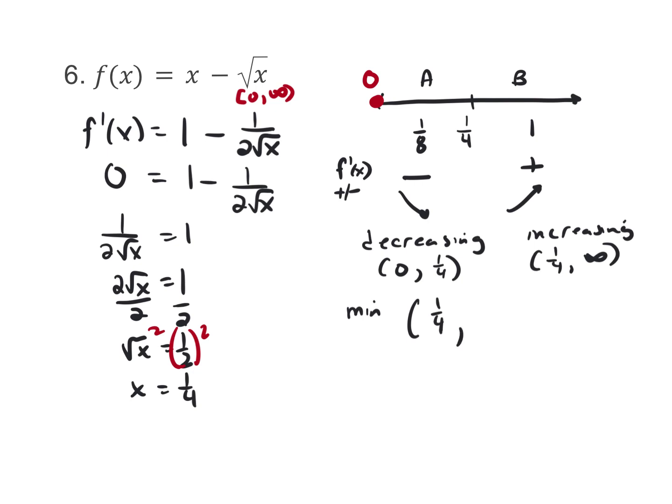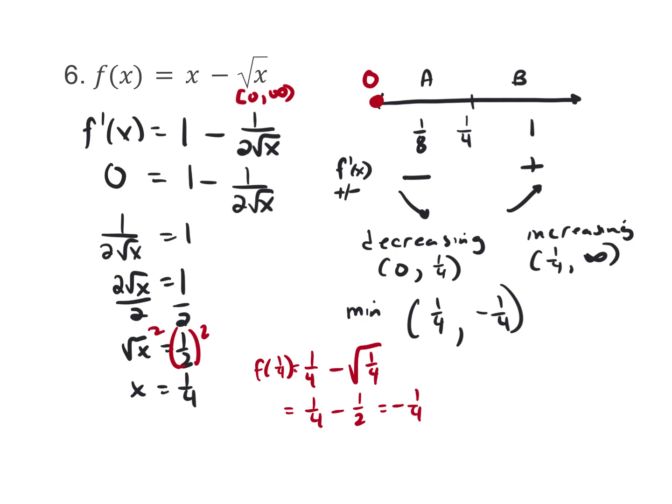So f of 1/4 is 1/4 minus the square root of 1/4, which is 1/4 minus 1/2, which is negative 1/4. So that's my increasing and that's my decreasing, and it has a min in this case.